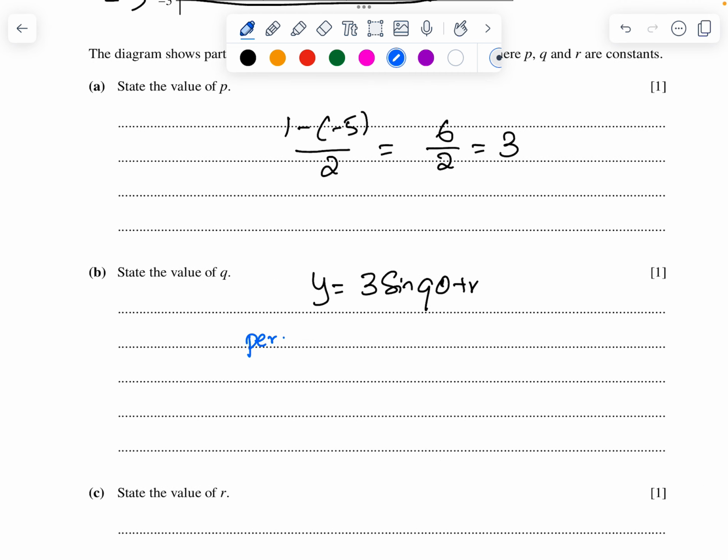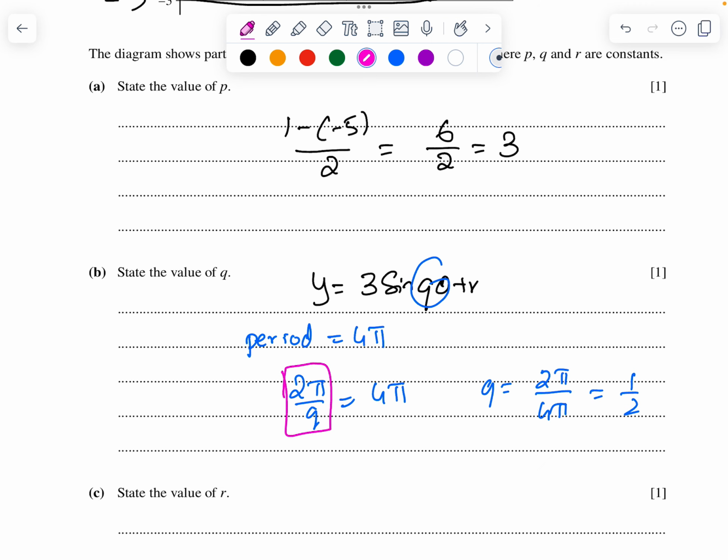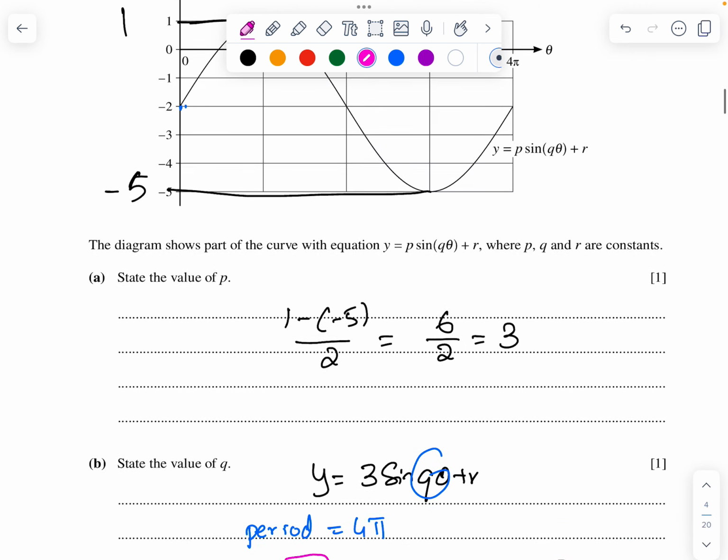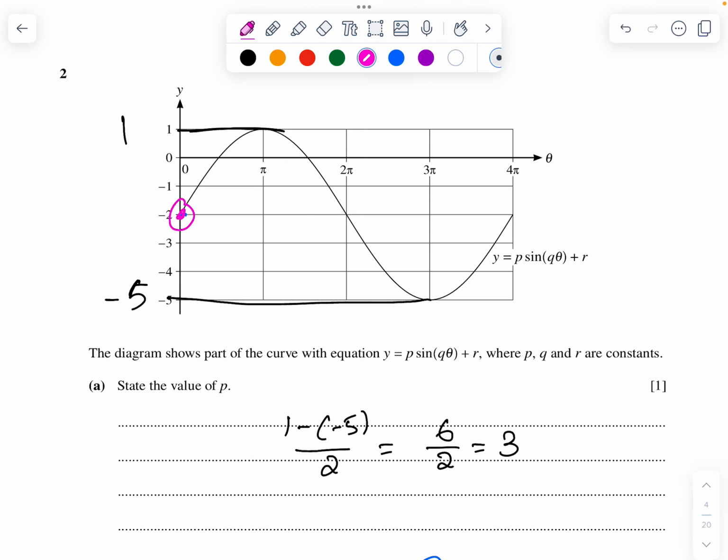Period is going to be 4 pi. For sine q theta, period is 2 pi by q. 2 pi by q equals 4 pi. So q equals 2 pi divided by 4 pi, which is going to be 1 upon 2. So this is the formula for finding the period, 2 pi by q. It completes one full cycle from 0 to 4 pi.